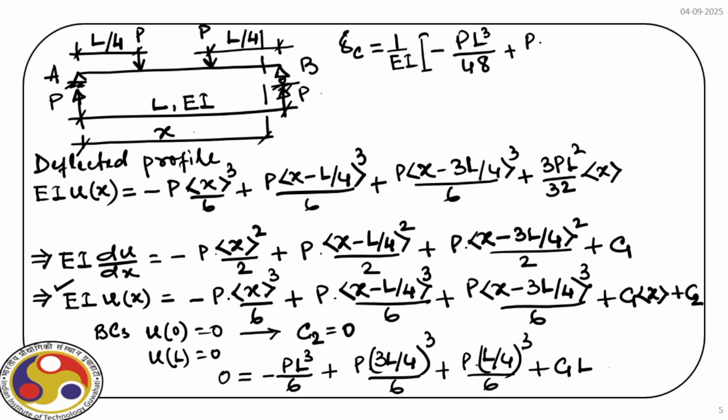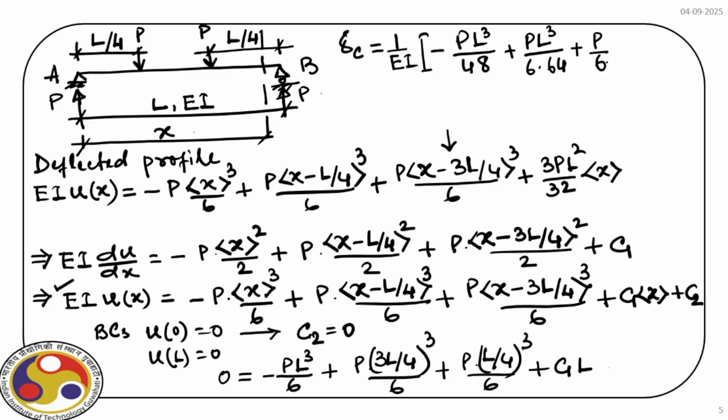So that is L by 4, so PL cube divided by, again we have 6 times 64. Then the third term, that is P times (L by 2 minus 3L by 4), which is negative.